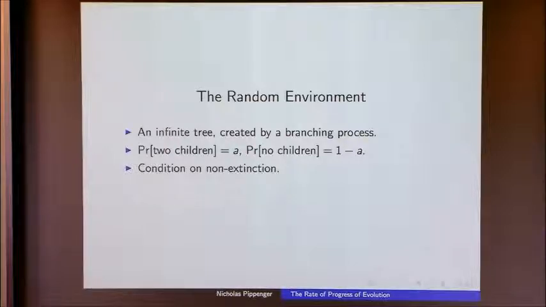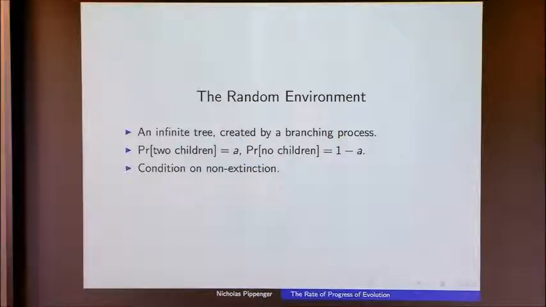Okay. And of course, since we want to be able to talk about large amounts of progress, I'm going to always condition on the event that the tree is infinite. Okay, so it doesn't become extinct.